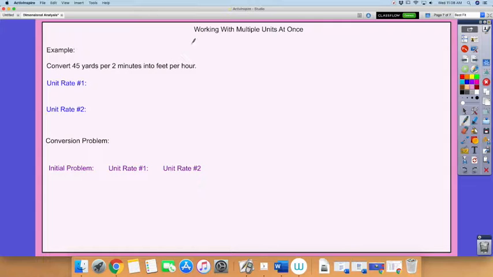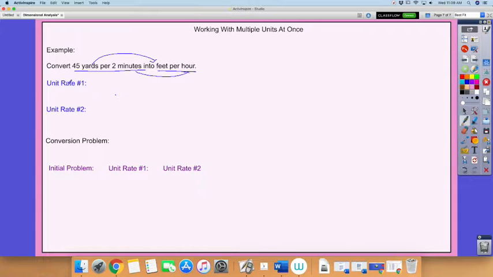So here's our last example. We currently have that somebody can run, walk, whatever it is, 45 yards per 2 minutes. And what we want to know is how many feet is that per hour. So that means we're going to be converting yards into feet and minutes into hours.